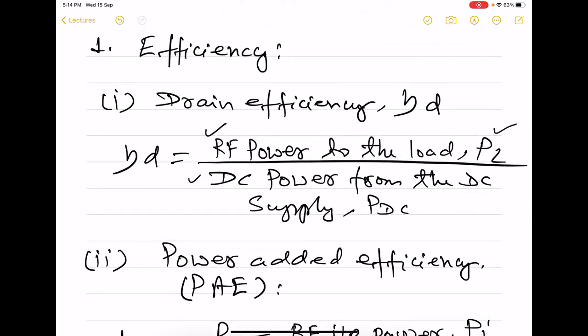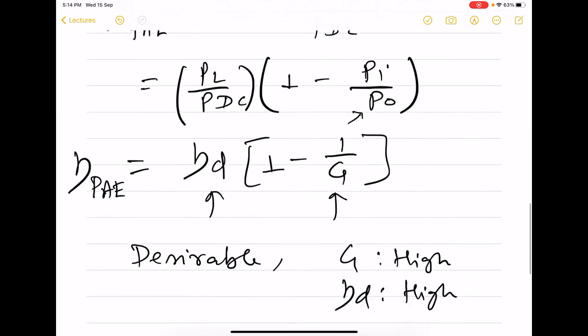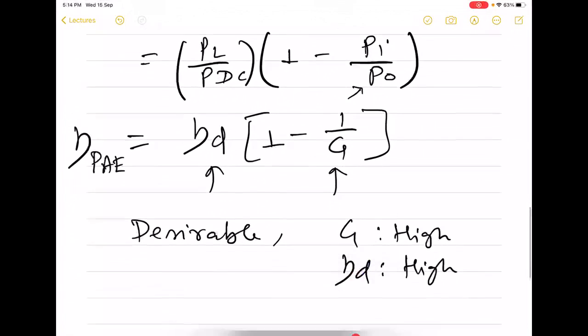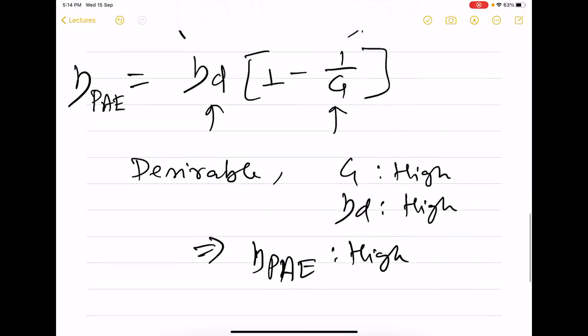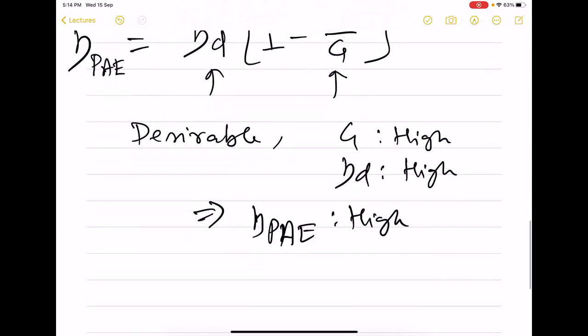Ideally, we would like the RF power to be equal to the DC power drawn from the DC supply. So we want both of these to be high, and this will then imply eta PAE also to be high. So here, this power added efficiency is also called a figure of merit.